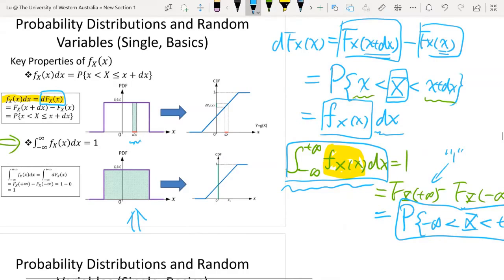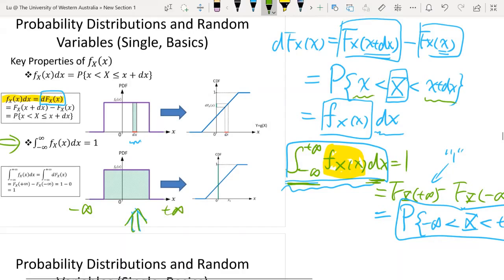And then what we are doing is the integration with respect to x from negative infinity to positive infinity. In other words, in this graph, we are calculating the area of the section under the PDF curve from negative infinity to positive infinity.